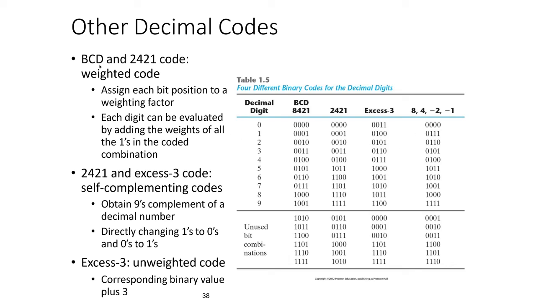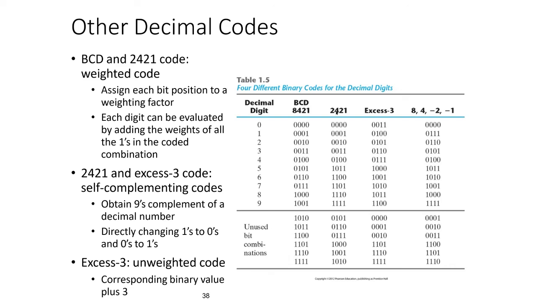Now, we looked at BCD, and if you look at the 2421 code, essentially this last place is just a weighting. So it has the same weighting as this, and the end result is that you're coming up with essentially ten codes to represent from 0 to 9.